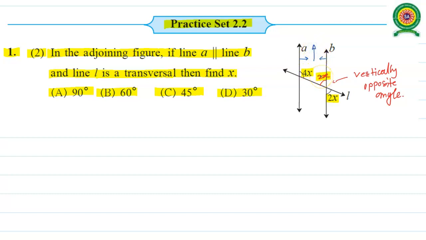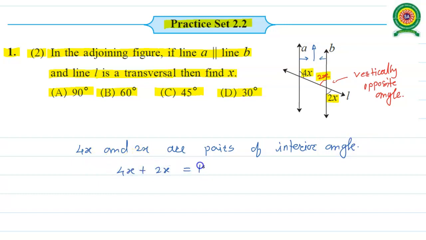So they are interior angles. So now 4x and 2x are pairs of interior angles, and as per the interior angle property, once the lines are parallel, the interior angles are supplementary, means the sum of them equals 180 degrees.